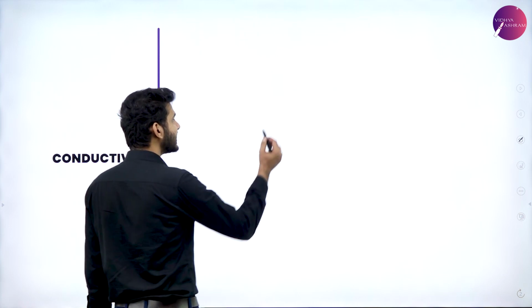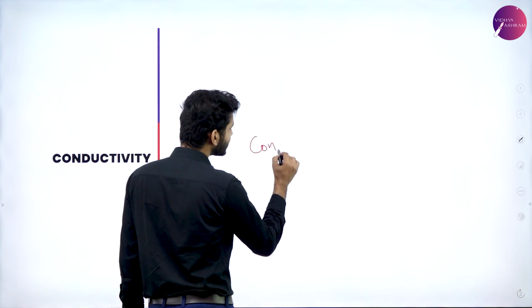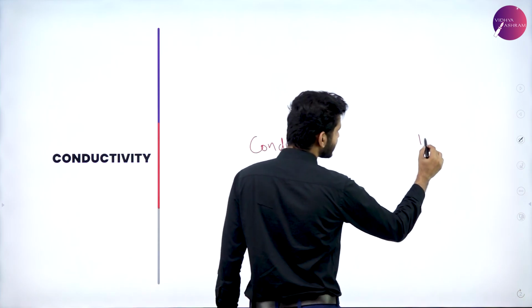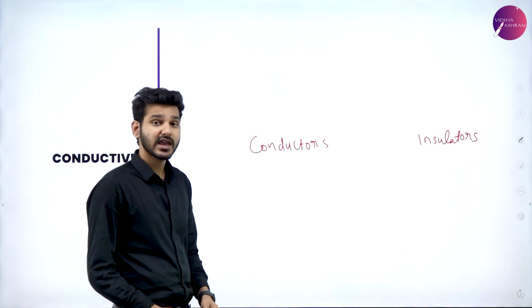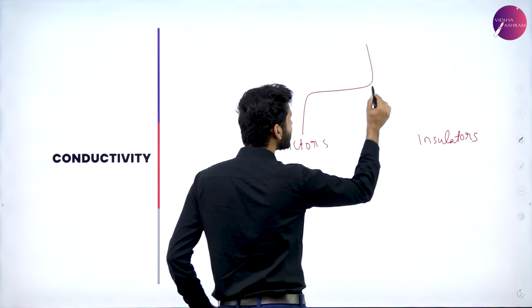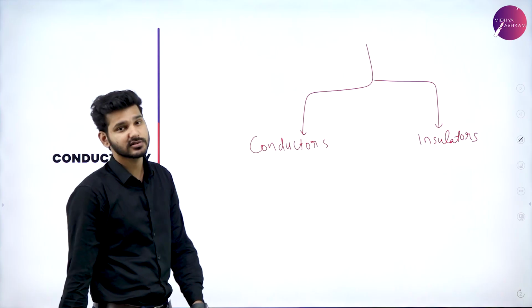So again, based on conductivity, we can say that materials can be classified into two categories, that is conductors and insulators.